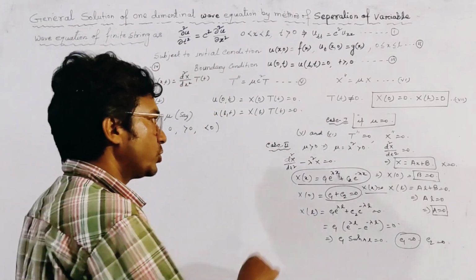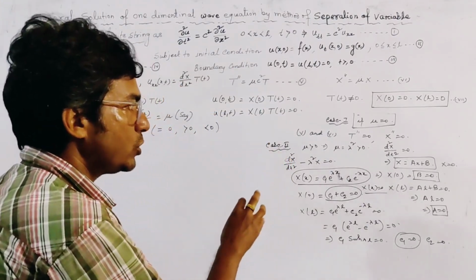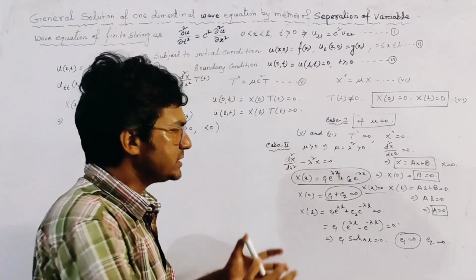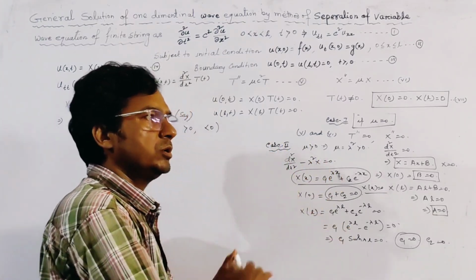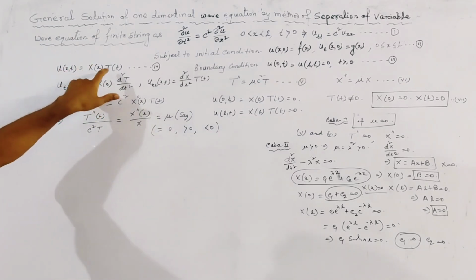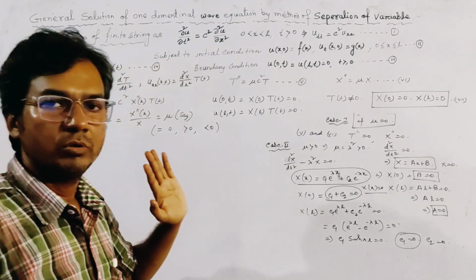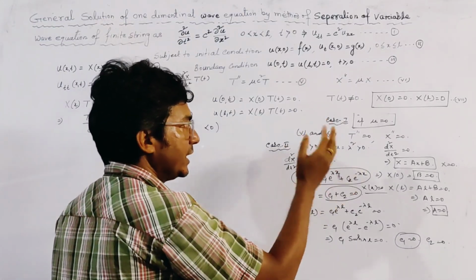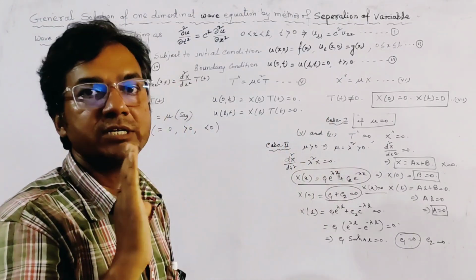So from this case we also arrive at a trivial solution. Since X is 0, the solution of u must be 0, because 0 into something is 0 also. Now both case 1 and case 2 are rejected.